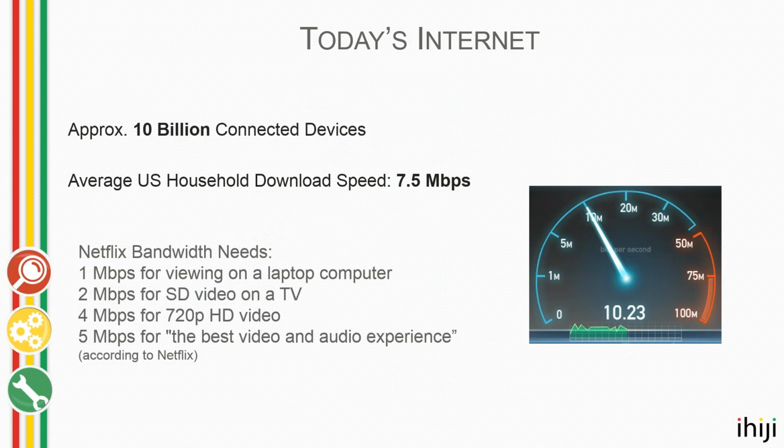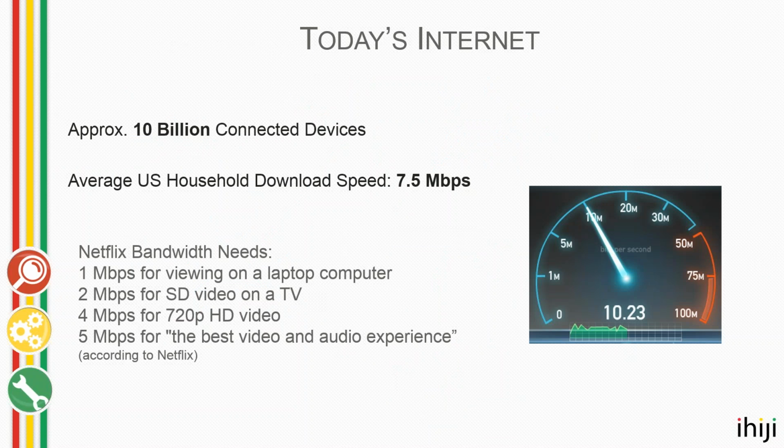If you look at today's average ISP connection, in our world, the average U.S. household download speed is about 7.5 megabits per second. For round numbers, I'll go ahead and use 10 megabits per second, because that number is a little old. Now, if you think about bandwidth requirements for commonly accessed services, Netflix is probably the most common.